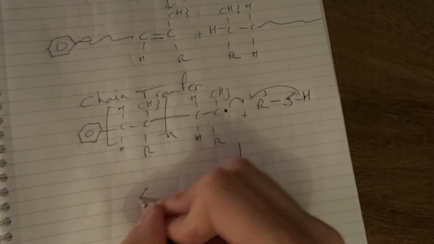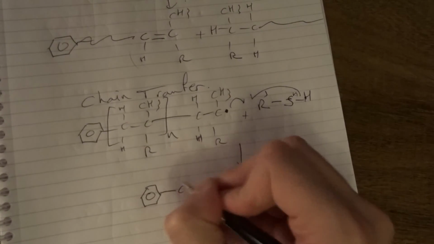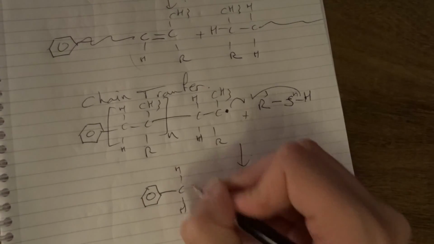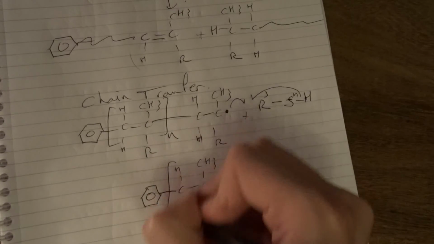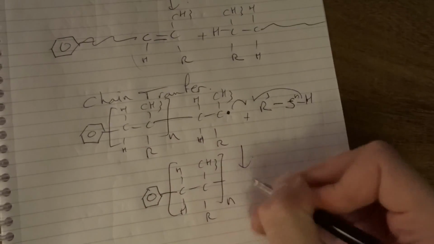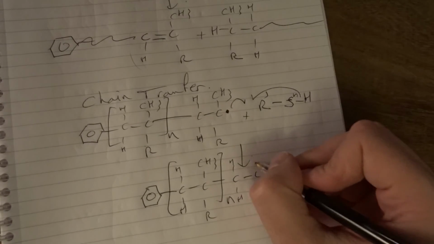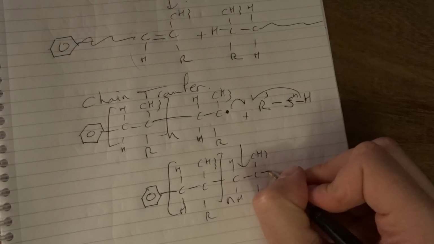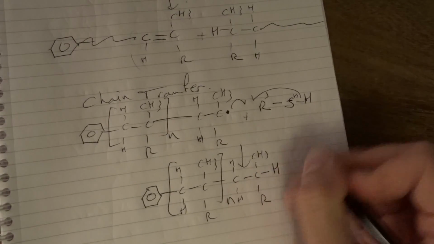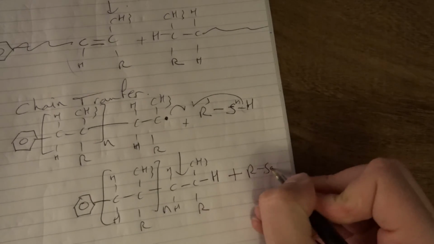So it will yield a dead polymer, CH3, and here we get the H of here, the proton, plus the RS radical.